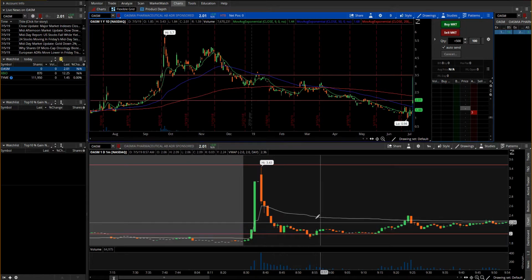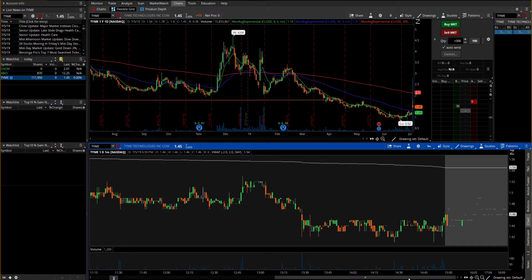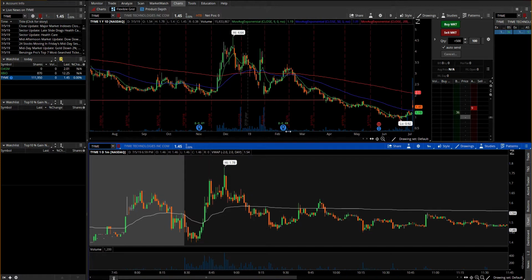And then our minute chart, we're just using as a gauge to what the stock is doing. So while we're getting ready to trade it, or we're in the trade, we're looking for those patterns to buy and sell. So back to TYME, we've got everything marked out in the morning. We know where the stock can bounce and where the stock can get stopped.